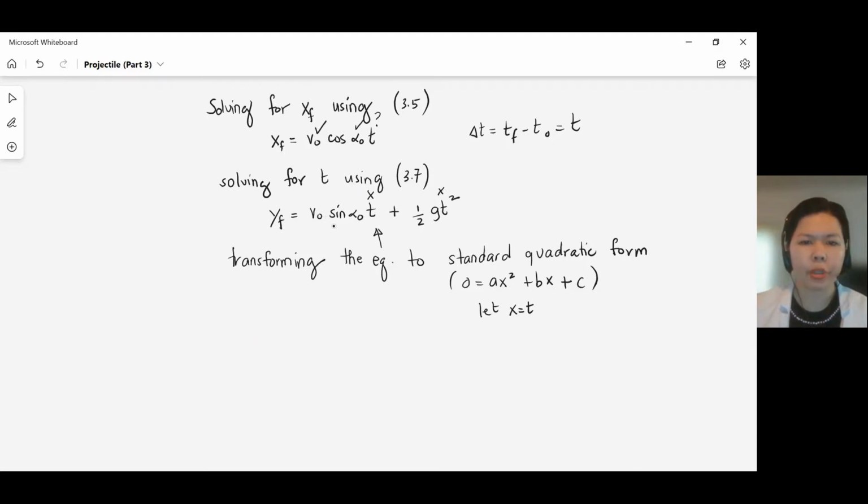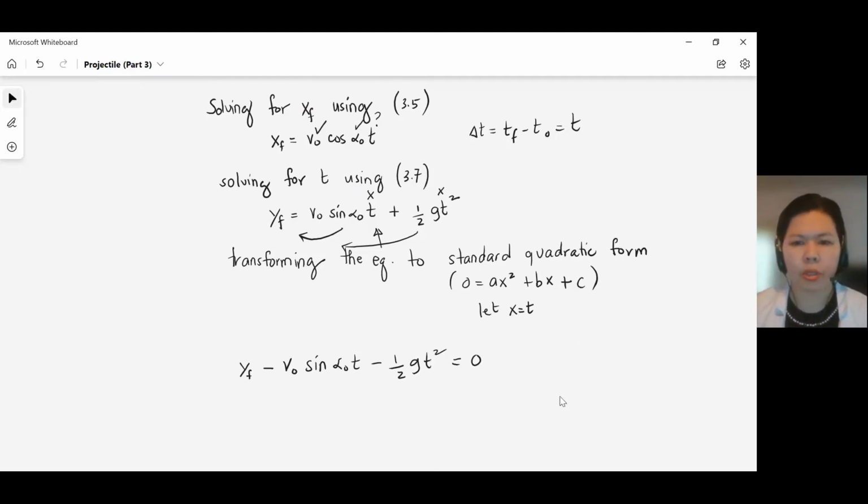We will transpose the terms on the right to the left side of the equation. So copy yf on the left side, minus v naught sine alpha naught t, minus 1/2 gt squared equals 0.